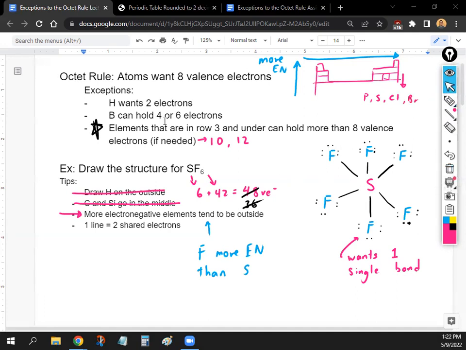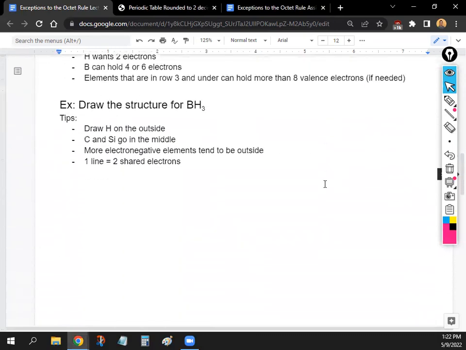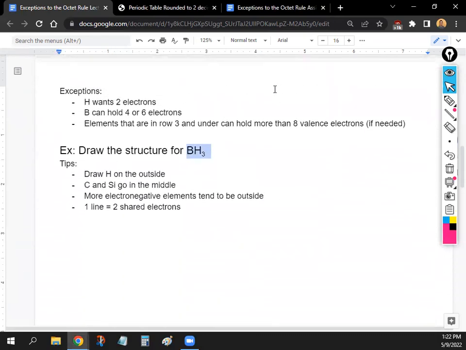Okay, let's try another one. So I have the rules, the new rules written for you, so you guys don't need to feel stressed about that. But let's take a look at this one right here. I want you guys to do BH3. See if you can take about 2 minutes to do BH3. And then after that, we will go over together.